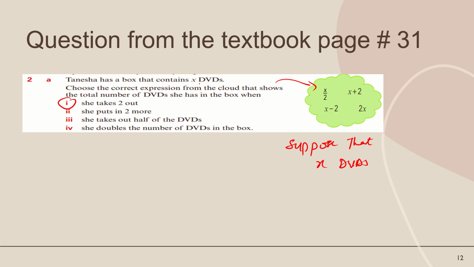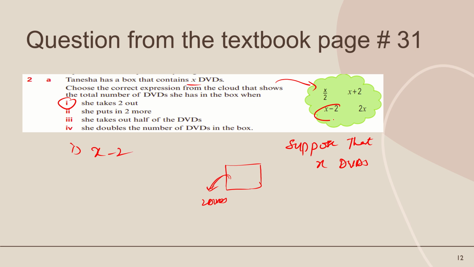Now, as already mentioned here, she takes 2 out. Let's suppose here is a box of DVDs, so she takes 2 DVDs out of the box. So the expression will be x minus 2.